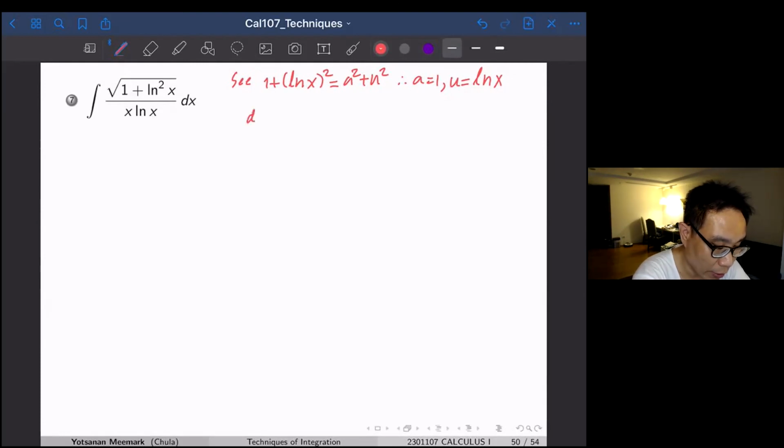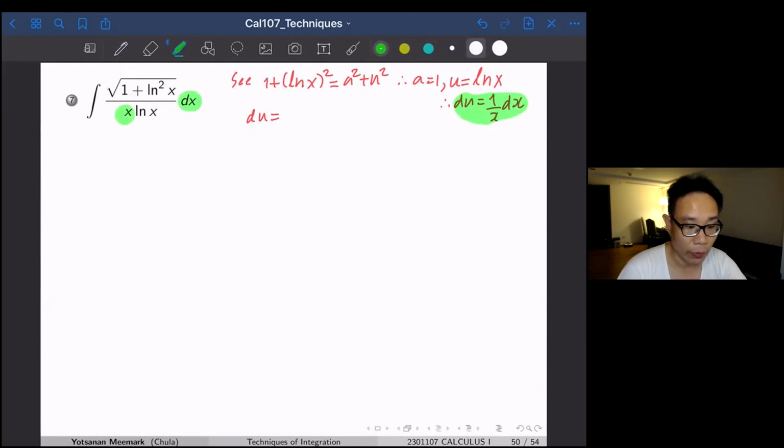And you're going to have du equal to the derivative of log x, which is 1 over x dx. So you have 1 over x dx, and you're going to substitute everything. This one will be your du, right? You see that dx over x will be du, and u equals log x.